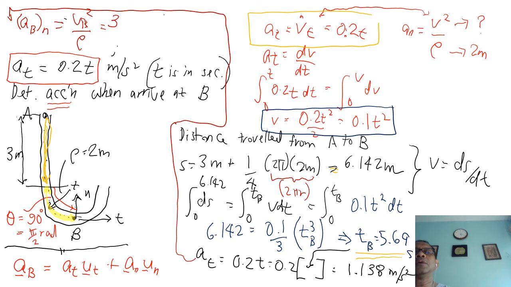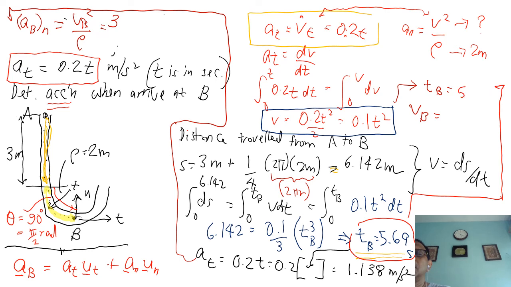When we substitute, sorry, a mistake here, not the 1.138. So t_B, 5.69, is substituted here, and v_B is 0.1 times 5.69 square.